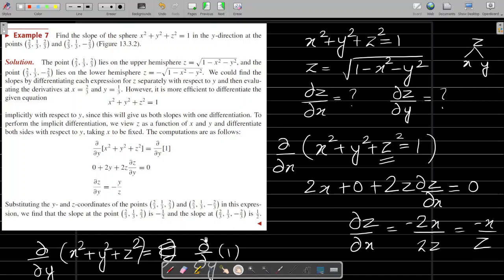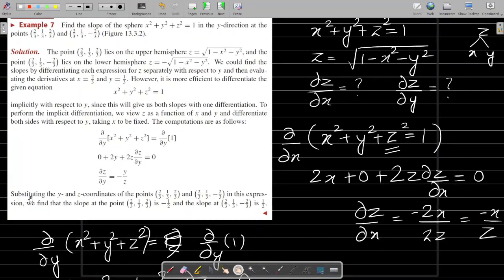So these answers are given here. Substituting the y and z coordinates of the point 2 by 3, 1 by 3, 2 by 3, and 2 by 3, 1 by 3, minus 2 by 3 in the expression, we find that the slope at the point 2 by 3, 1 by 3, 2 by 3 is minus 1 by 2, and the slope at 2 by 3, 1 by 3, minus 2 by 3 is 1 by 2.